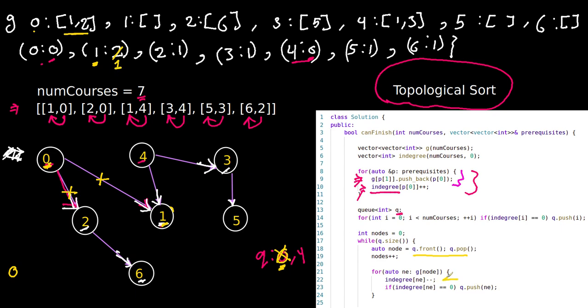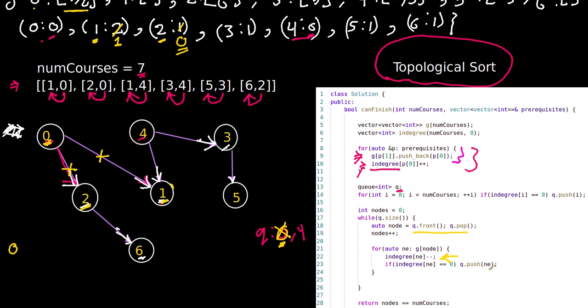And for node 2, the in-degree is 1 minus 1, which is 0. Because the in-degree becomes 0 after the subtraction, we can take this course, so we push it to the queue. Now we are done with this node.